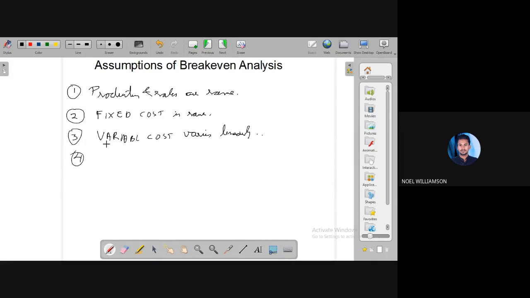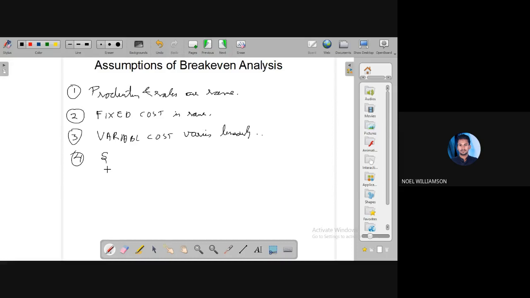And fourth one, the selling price per unit remains same irrespective of the quantity sold. That is the selling price per unit, that is small s. This value remains same irrespective of the items produced. But in the actual case, if you are purchasing something from the wholesale shop, we will get a discount, right?